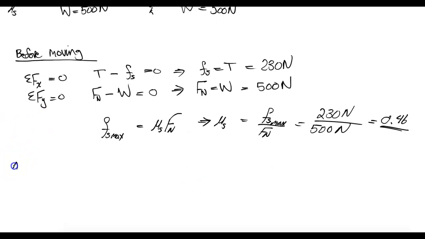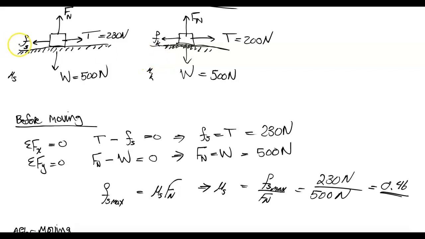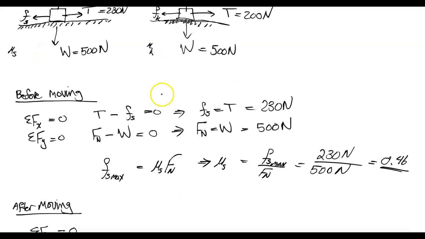If we look at after the crate moves, this means we have the second free body diagram, or this one. And notice now the change is that instead of F sub s, the friction force is not static anymore, but it's kinetic.